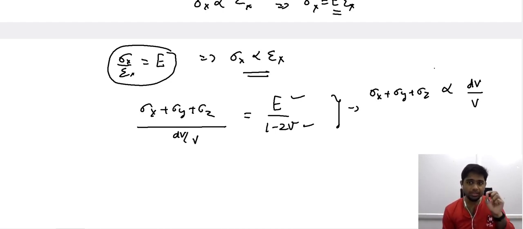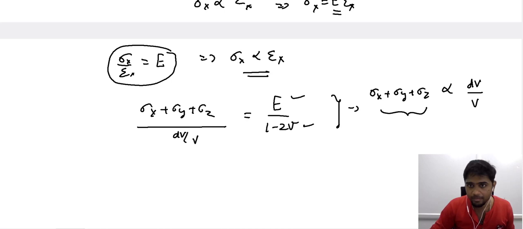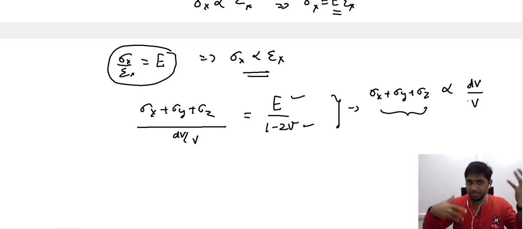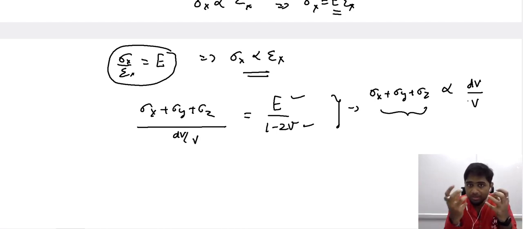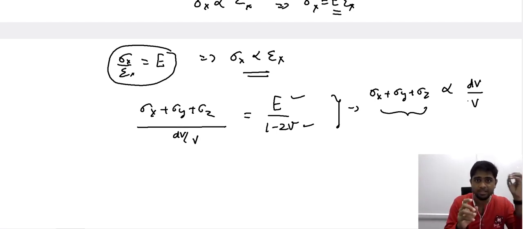So not only is the stress proportional to the change in the dimension along a specific direction, but the stress that we impose is proportional to the overall volumetric change that we observe in a given system. Whenever, within the elastic region, we are imposing uniaxial, biaxial or triaxial loading, the volumetric change that we observe is directly proportional to the stress that we impose.